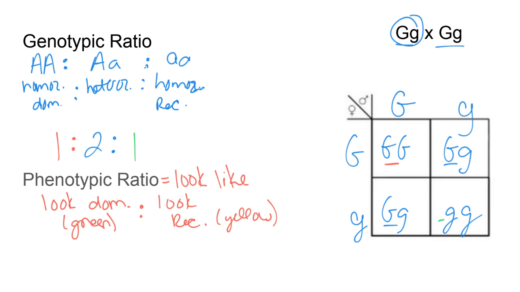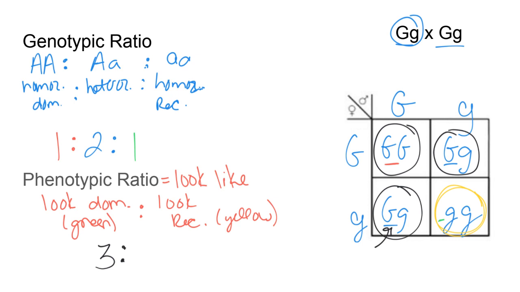And based off of the phenotypes, I have 1, 2, 3 that will look dominant. All 3 of those will look green. Remember, because the big G will mask the little g. And one of those, this one at the very end, that's the only one that's going to look yellow because it has 2 recessives. So my phenotypic ratio here is 3 to 1.